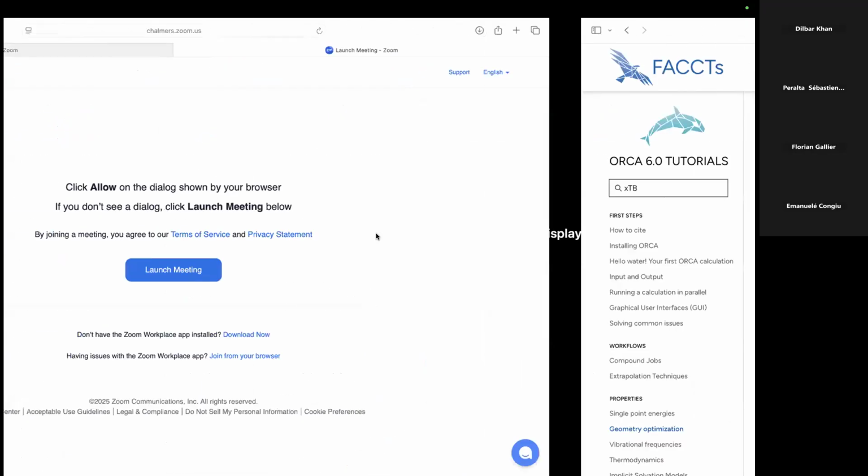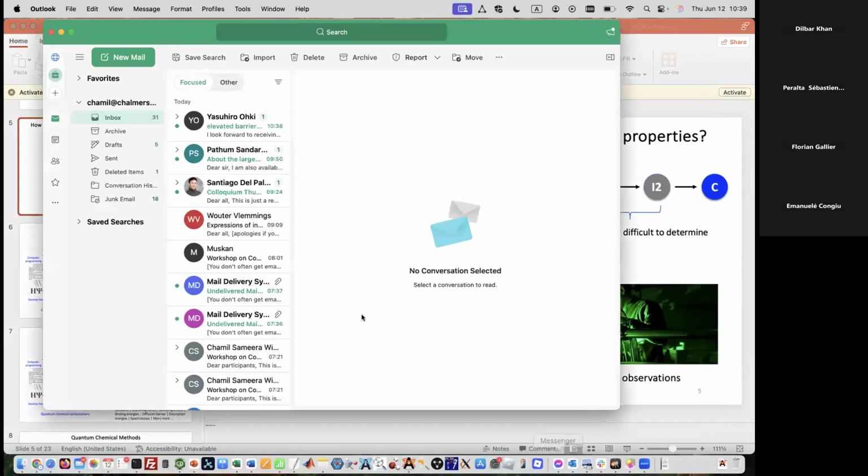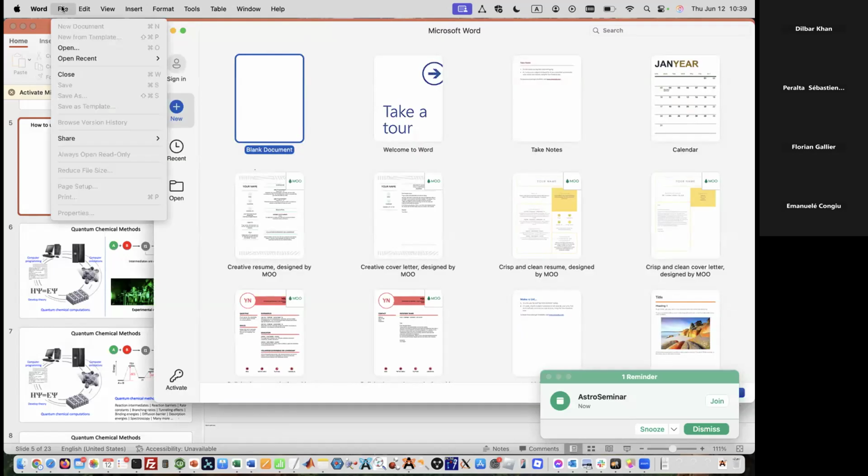So maybe I can find an example for you. Let me check whether I can find an example to show you this quickly.